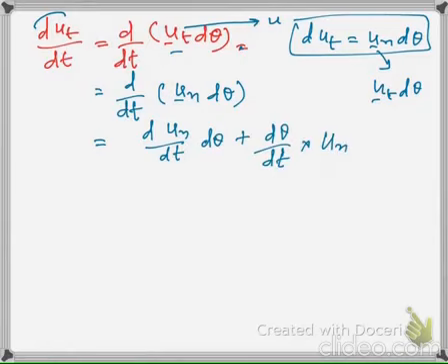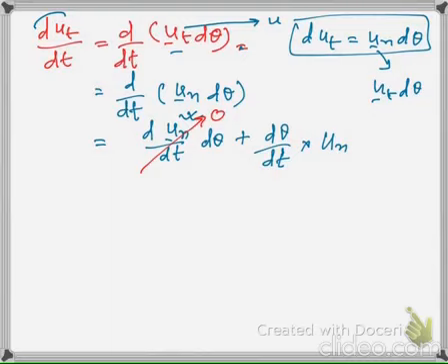We know that un is not changing with time, because it is a unit vector, so that becomes 0, constant.